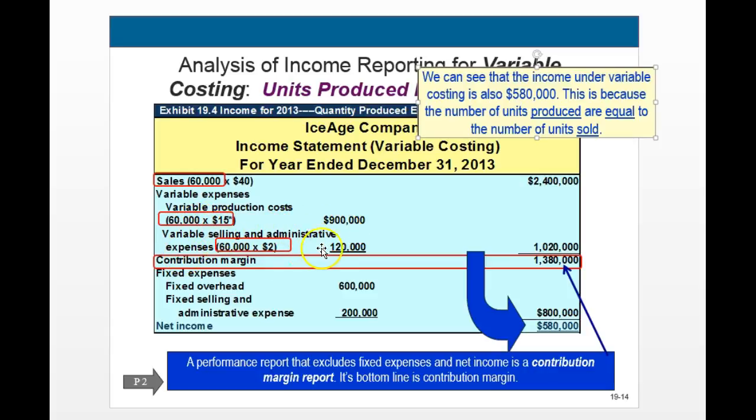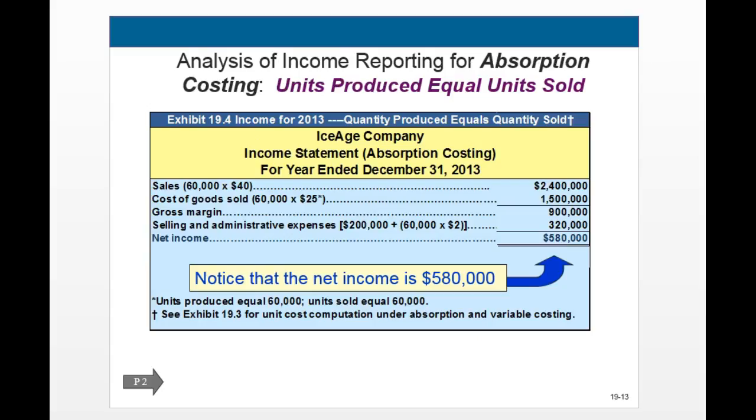We have variable selling and administrative at 60,000 times $2, which is $120,000. So now I have $1,020,000 in cost for that product, and I have a contribution margin of $1.38 million.